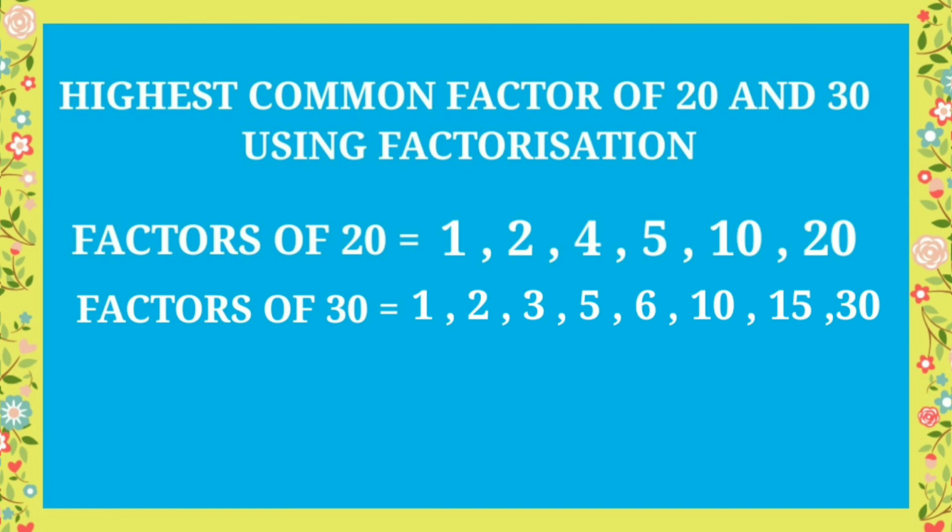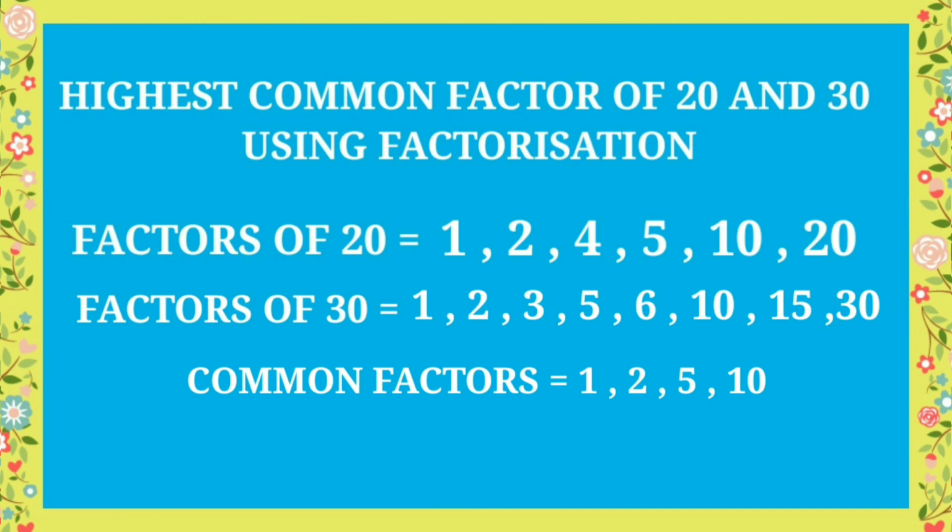Now students, you can notice there are certain numbers which are factors of 20 and 30 as well. So these are known as common factors. Common factors of 20 and 30 are 1, 2, 5 and 10. Now we'll see which is the largest of them.